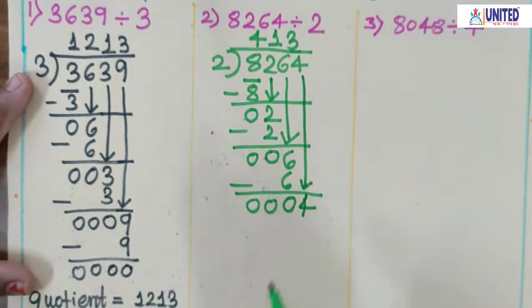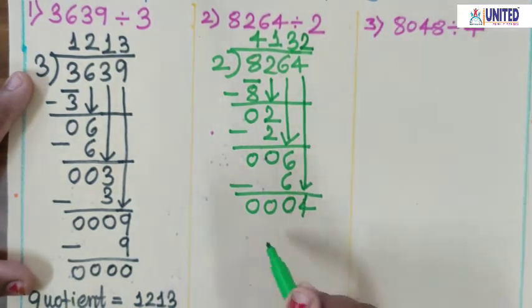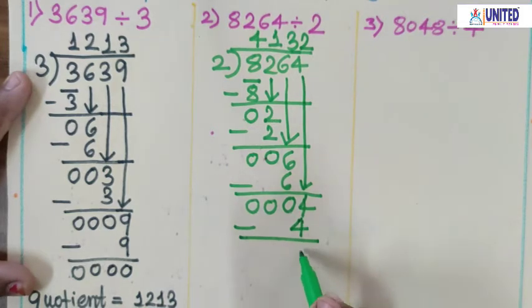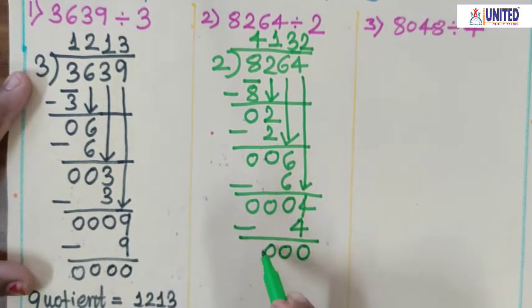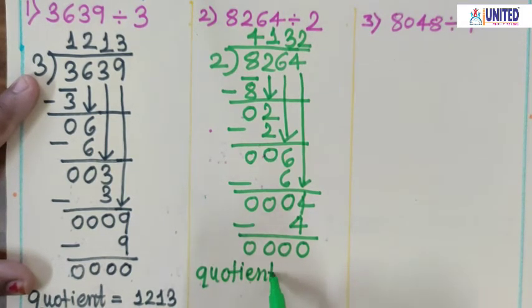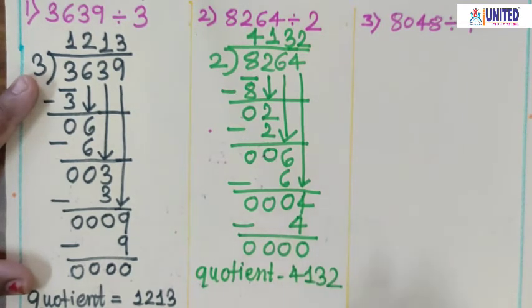Okay. Now 4 is again greater than 2. So we can divide it. 2 2s are 4. So 4 minus 4 is what? 0. Okay. So what is our quotient now? Our answer is 4132. Okay. This is our quotient.